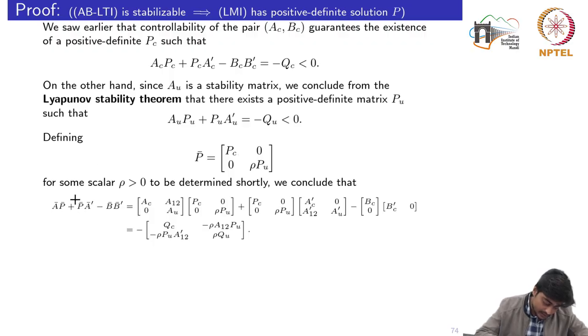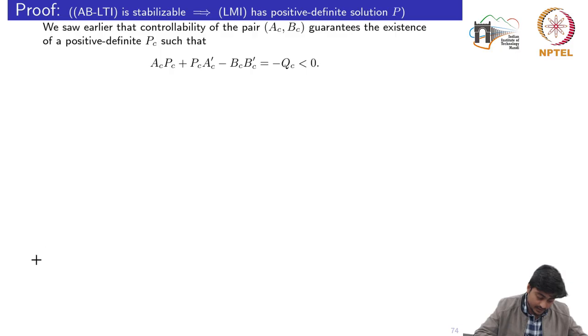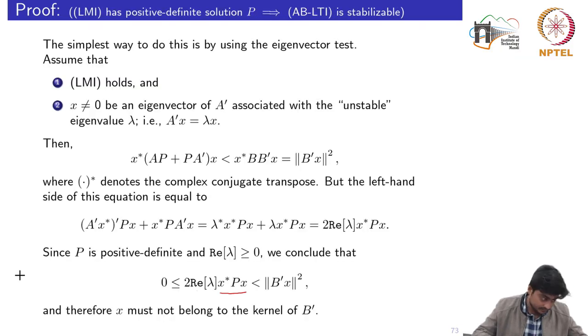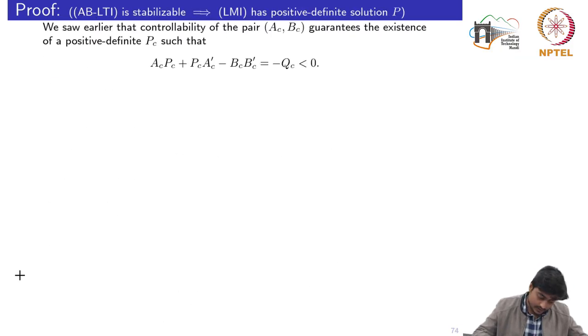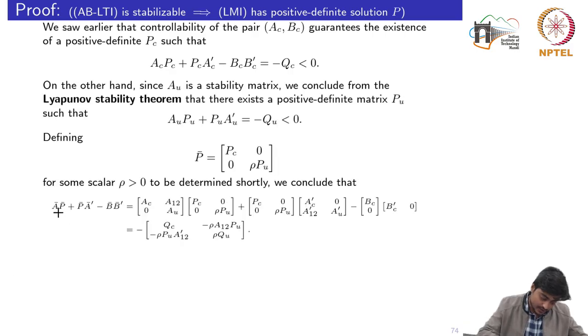So let's see this part for the complete equation, which is in the result in fact. So in the result, we need to show that this LMI has a positive definite solution P. Okay, so let's take the left hand side of that equation and start putting in those matrices that we had obtained.